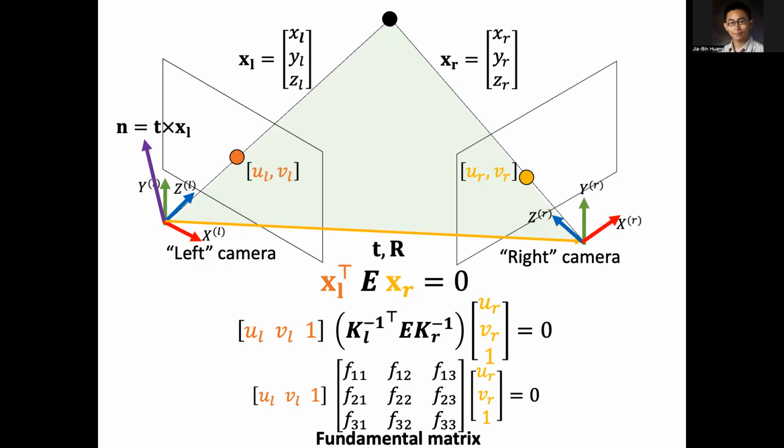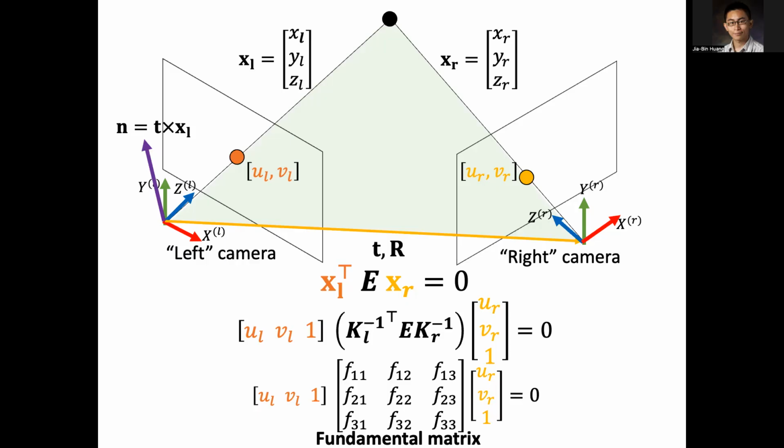So this is the mathematical description of the intuition we just talked about. Visually we know there's a line, but we didn't know how to find it. Because of the derivation, these three things multiplied together must be 0, and that tells us that if I have a point, multiplying it by F gives a line equation for the other image.